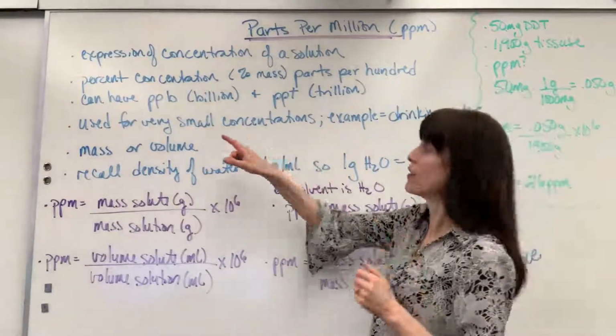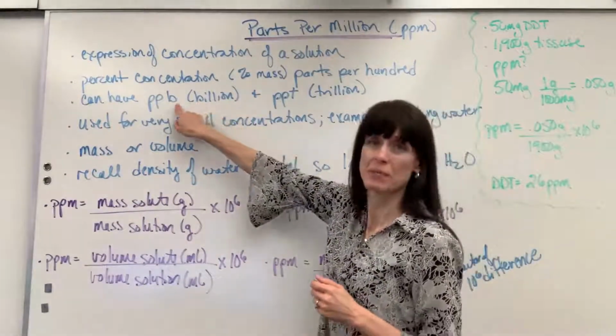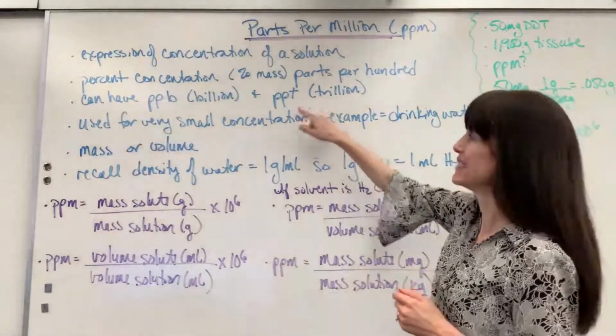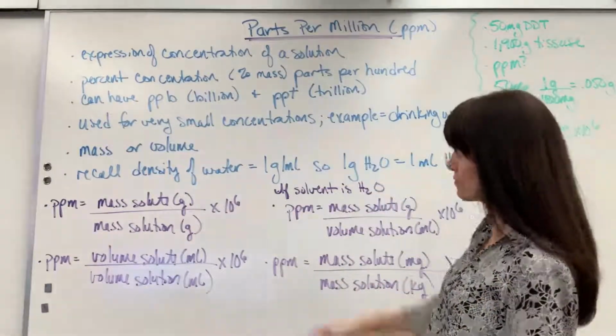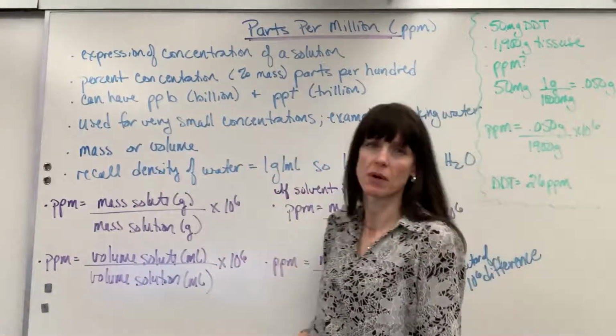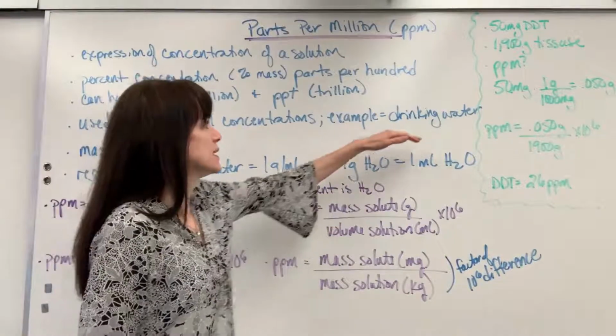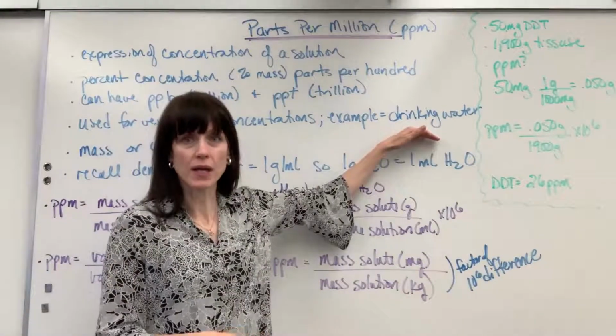You can also have parts per billion, we call that ppb, or parts per trillion, that's ppt, super, super small. Because these concentrations are so small, you see them in unique situations. A really good example of this is drinking water in our water chemistry.